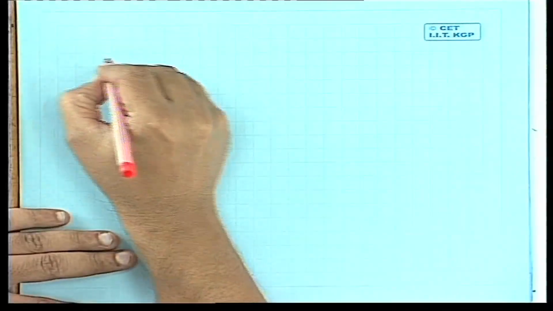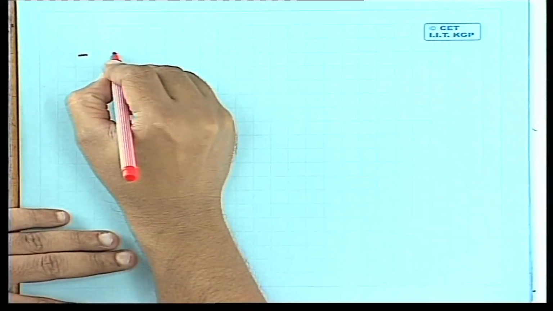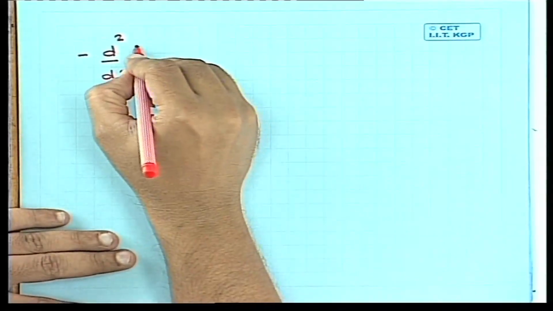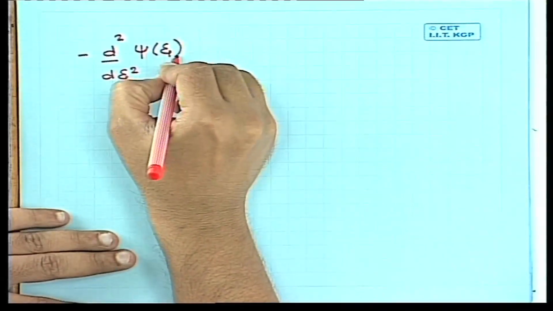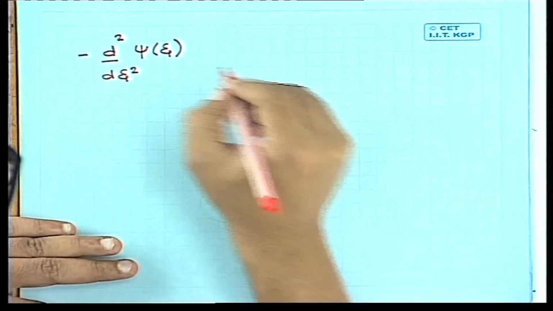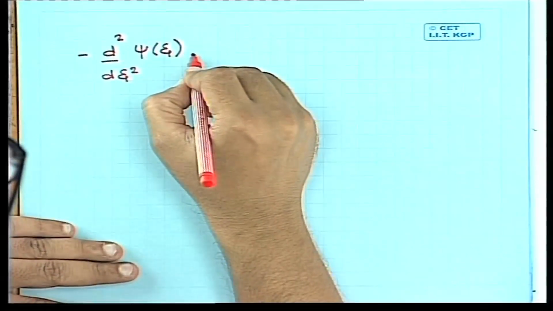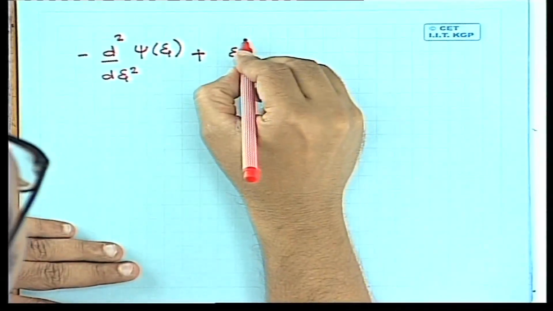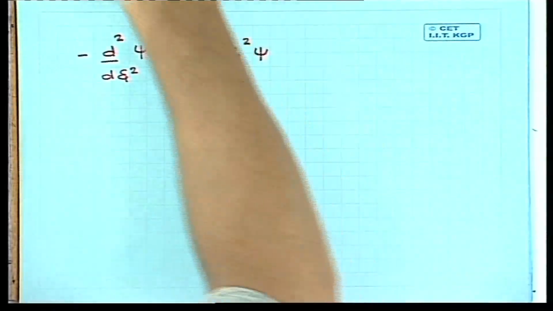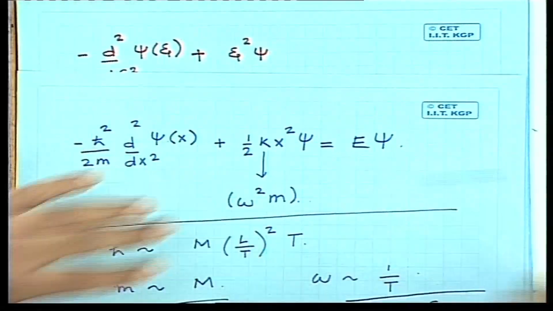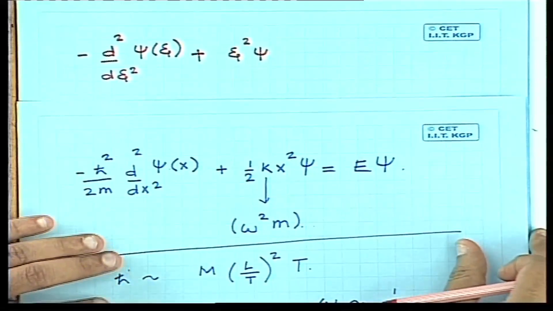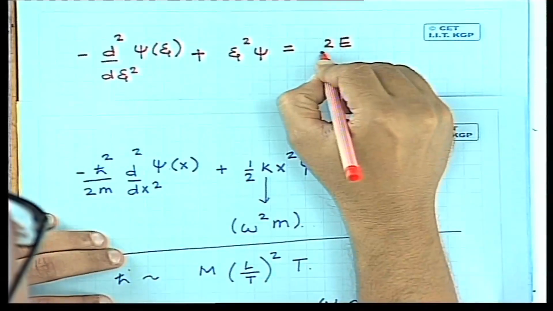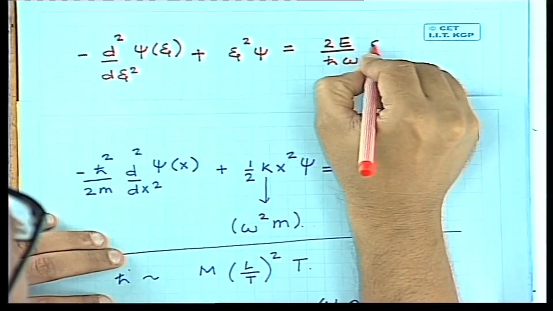You have minus d square d xi square, where psi is a function of xi, plus xi square psi, is equal to 2E by h cross omega, times psi. Let me keep this here so that you can compare the two.